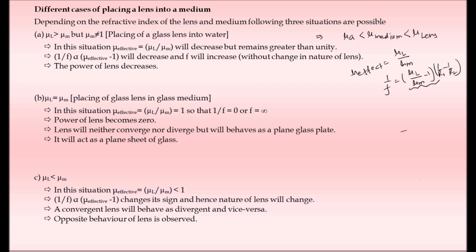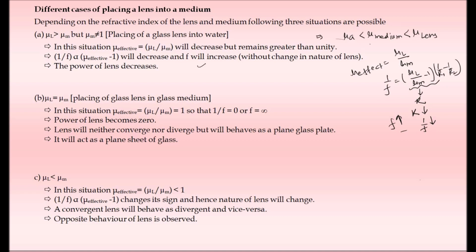So clearly this term decreases. If we term this term as k, then k decreases, and because of that 1 by f decreases, so f increases. So 1 by f, which is directly proportional to mu effective minus 1, will decrease and f will increase without changing the nature of lens.